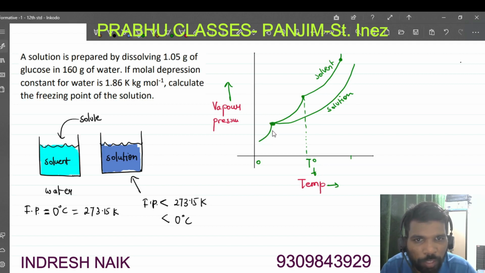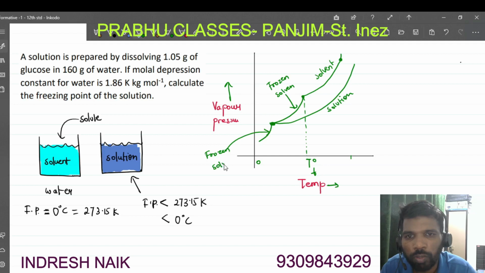This part is called frozen solvent, and this other curve is called frozen solution. So this is the point where the solution is freezing.